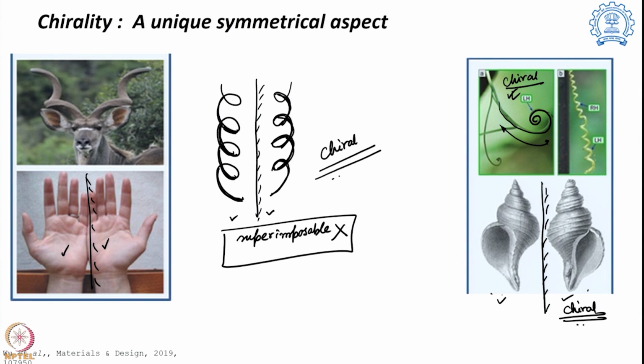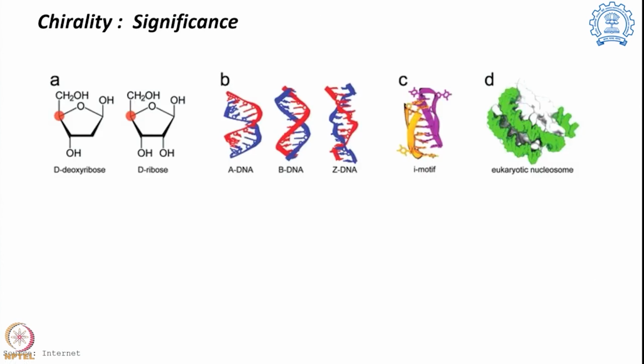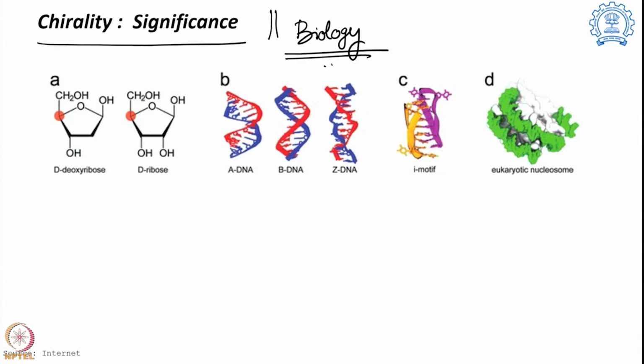But why do we care about chirality? Chirality is very much important in biology, because biology uses chirality as an identity. For an example, over here I am showing you some examples. In biology, what are the major components of the formation of biological systems?